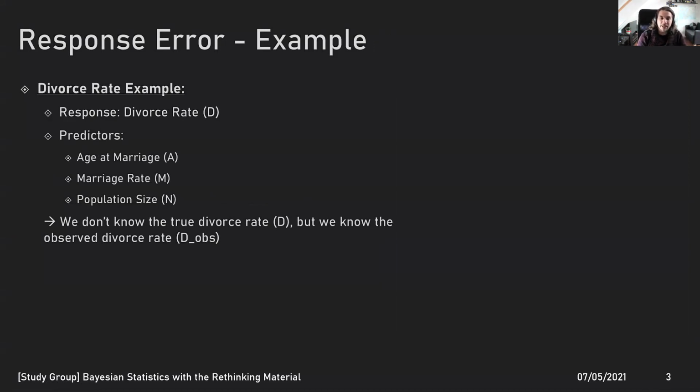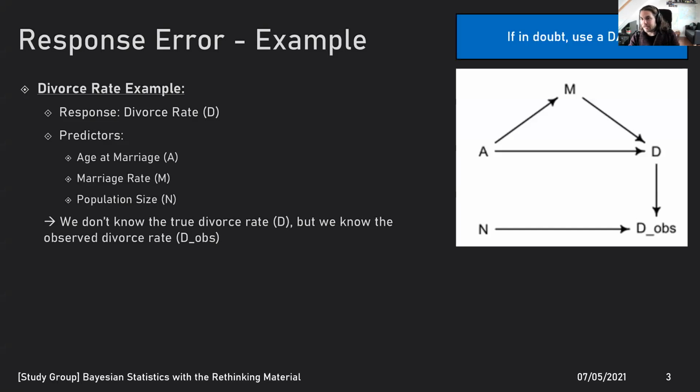And what we run into here is that we don't know the true divorce rate, D, but we do know the observed divorce rate. So what we're assuming here inherently with the model that we're trying to build is that there are some observation or reporting errors in the census from which we get our divorce rate data. In terms of a DAG, in trying to build up to a model like this, if in doubt, just draw a DAG.